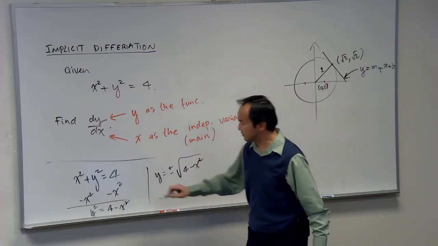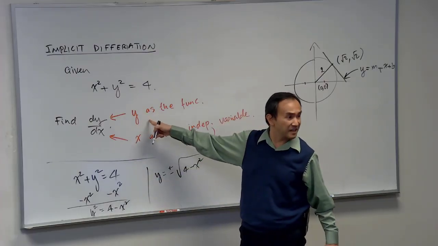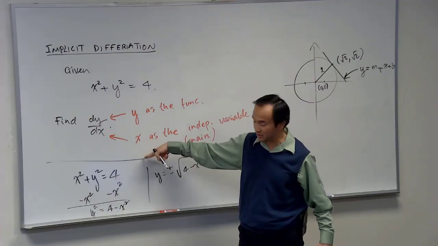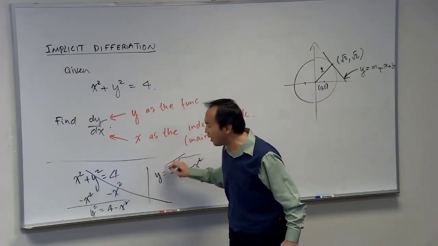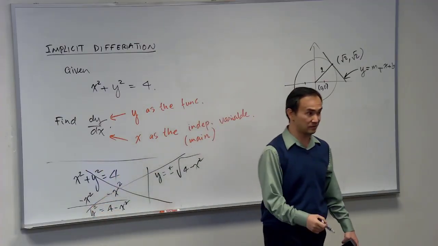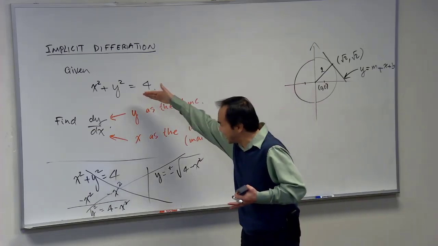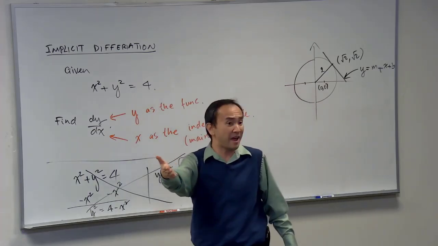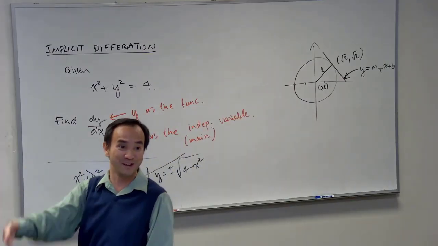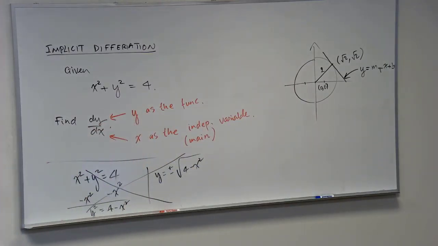Let me tell you the truth now. Even though we're intending that y is a function and x is the variable, we still don't want to go this route, because an equation like this is still okay to solve for y. But what happens if you have a cubic and things are even more involved? Are you following what I'm trying to say?